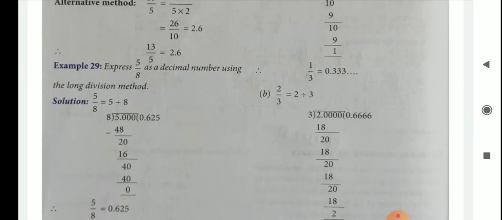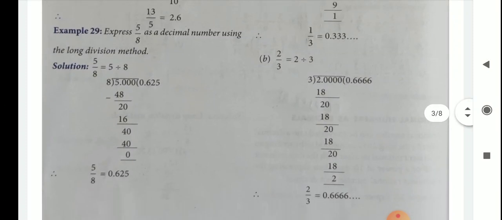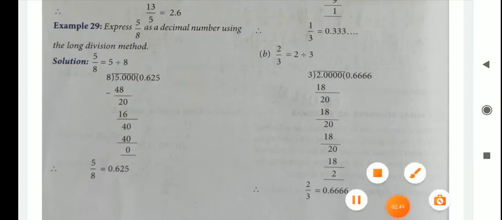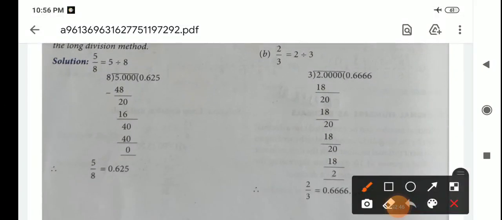Then example 29. Express 5 by 8 as a decimal number using the long division method. So here we do only the long division method. Here we see, children, 5 means 5.000 we can write.